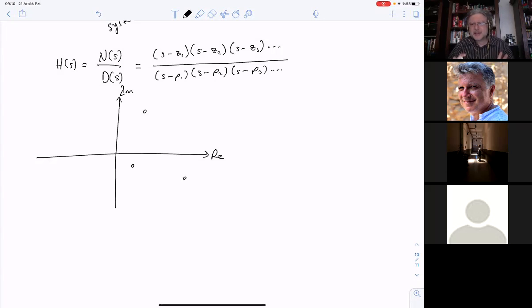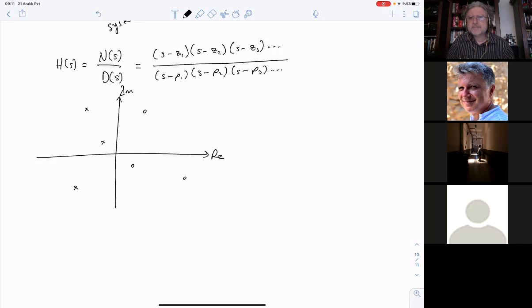So sorry, these are the zeros. So these zeros, they may be on the right-hand side of the plane. They may be on the left-hand side of the plane. I'm not interested in those situations for the time being, but you may understand why I'm trying to put the poles on the left-hand plane.